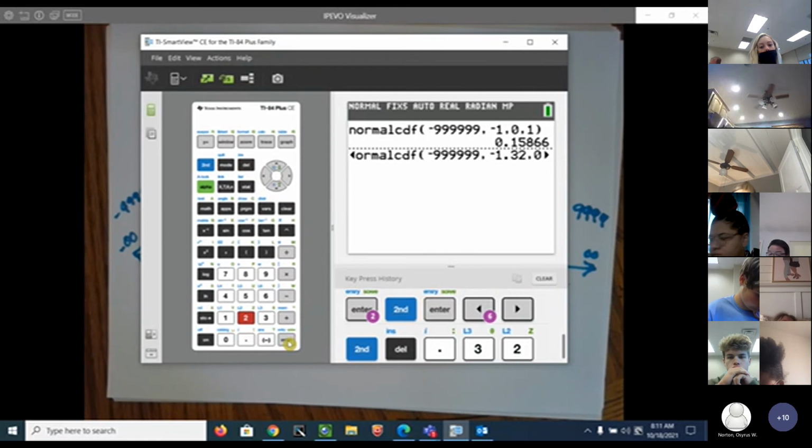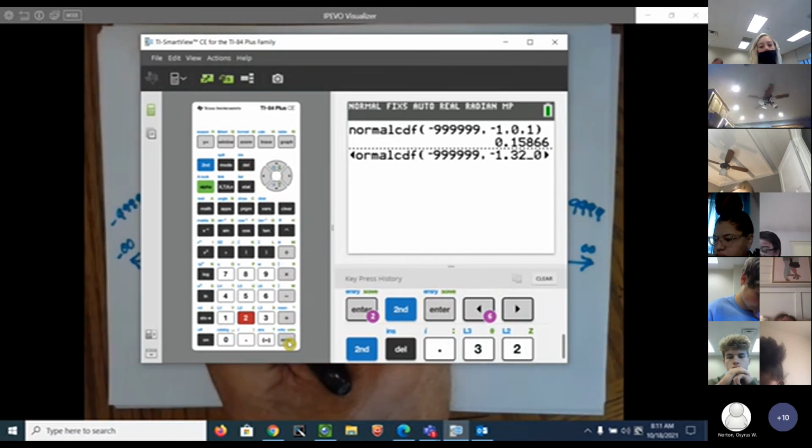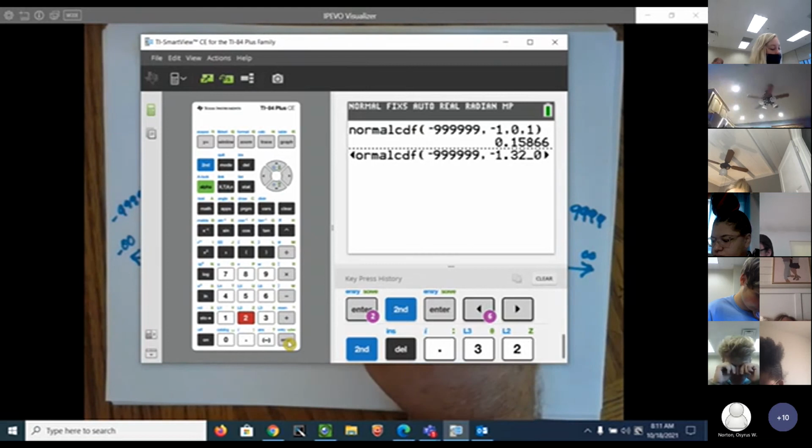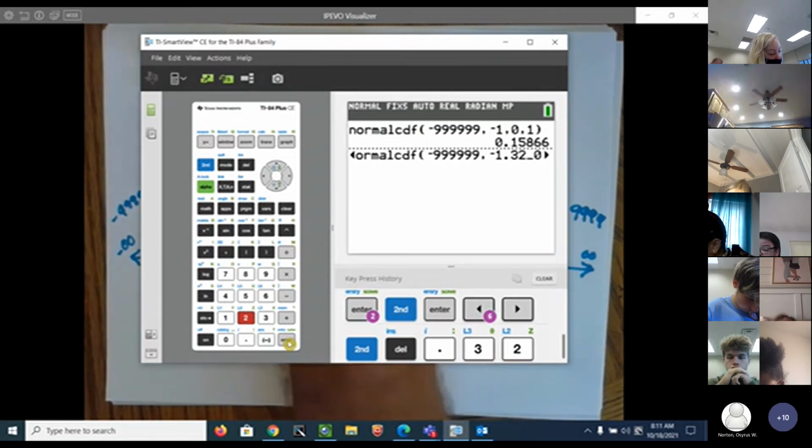Let me do it by the empirical rule first. Empirical rule is 2.5, and then 1.32 is a little bit more than half of the way to 6.75, so I'd say 8.